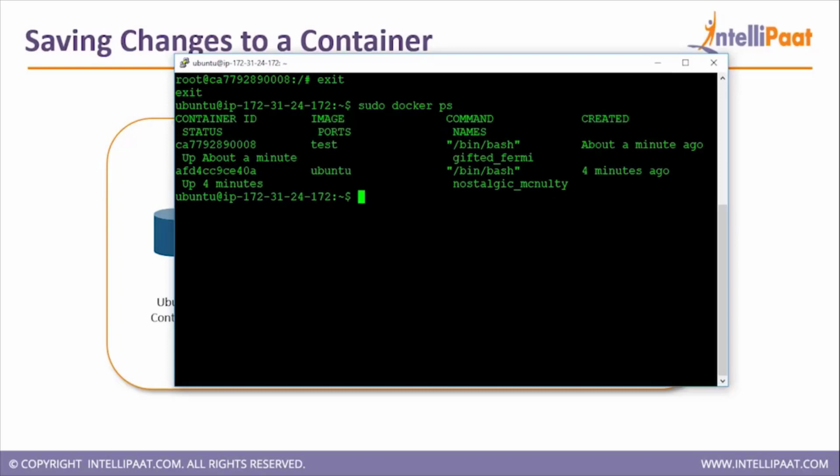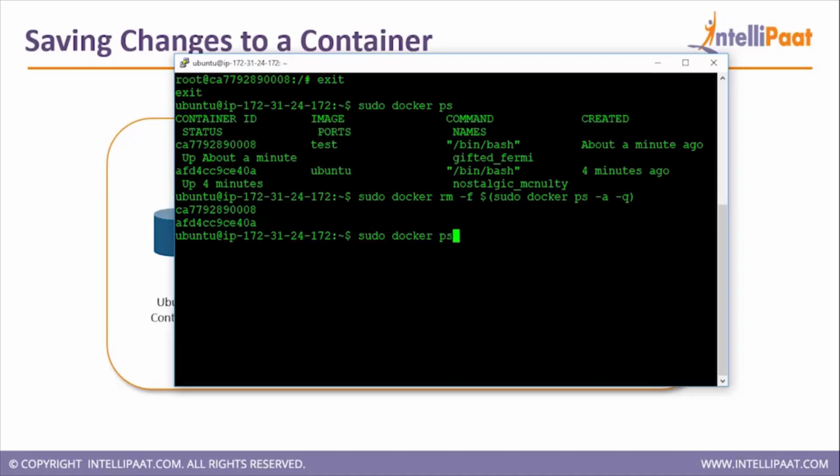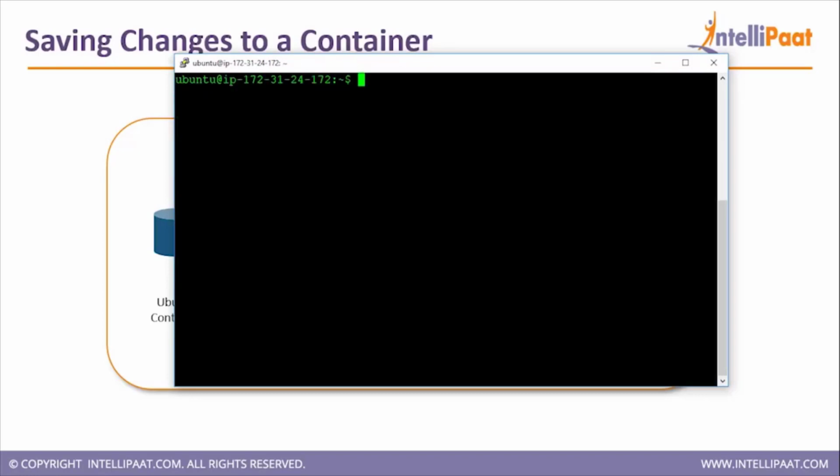The shortcut to remove all the containers at once is the command sudo docker rm -f, and then pipe it with another command, sudo docker ps -a -q. You pass in this command, it would remove all the containers which are present in your system. So if I do a sudo docker ps now, you can see there are no containers running anymore.